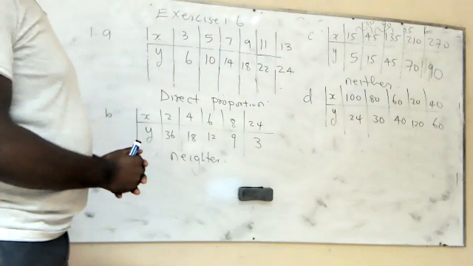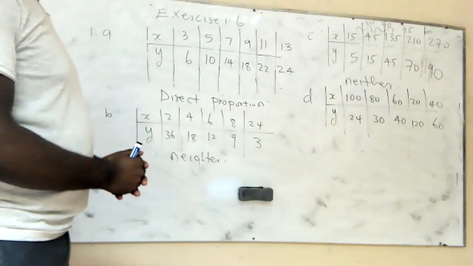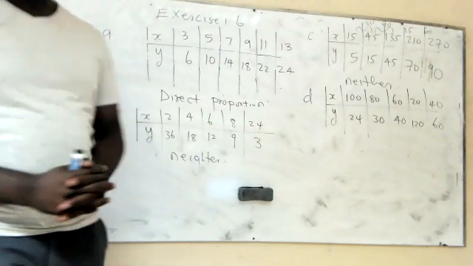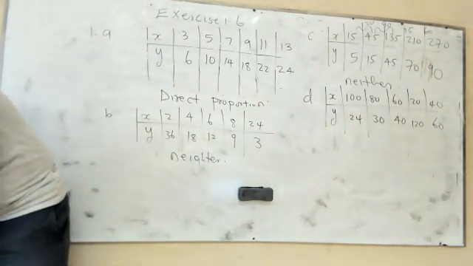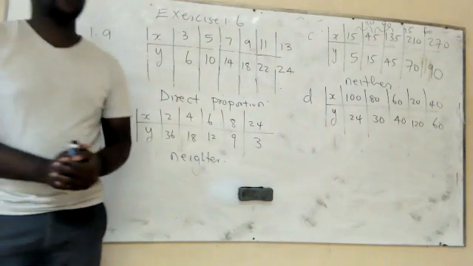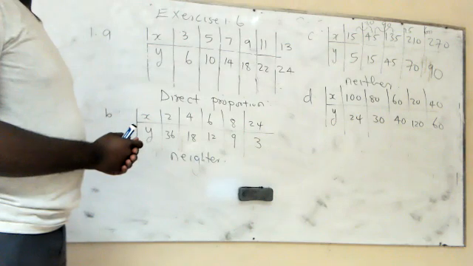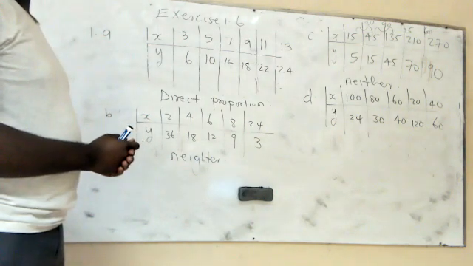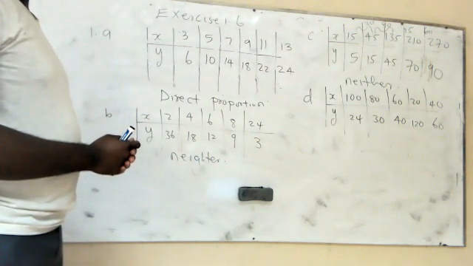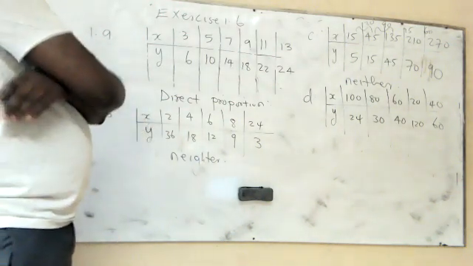Which one is that one? I can't find it here. Question number D. This question number D under exercise 1.6. I can't see it. No, it's inverse. Is it? Inverse proportion.